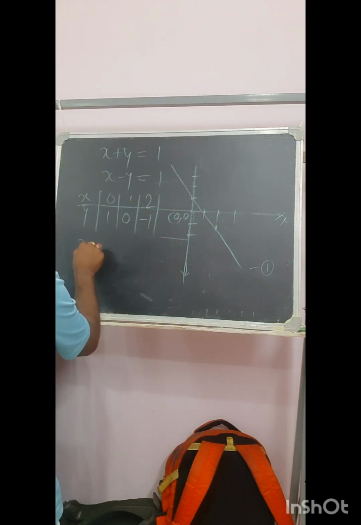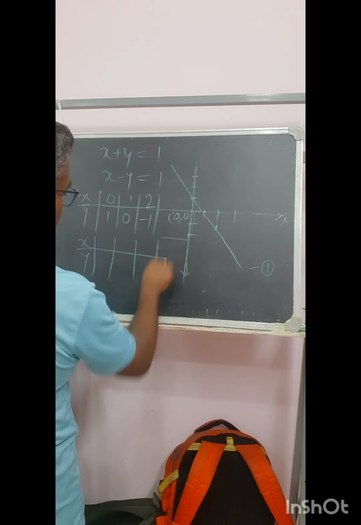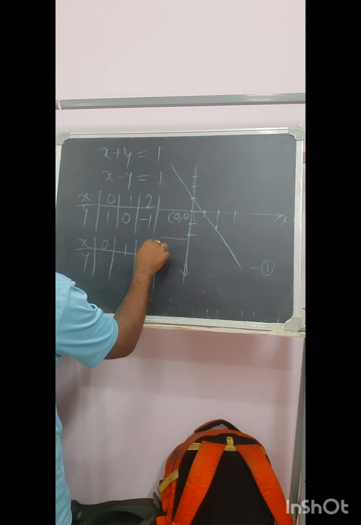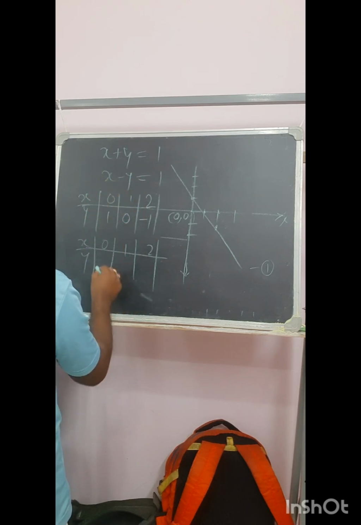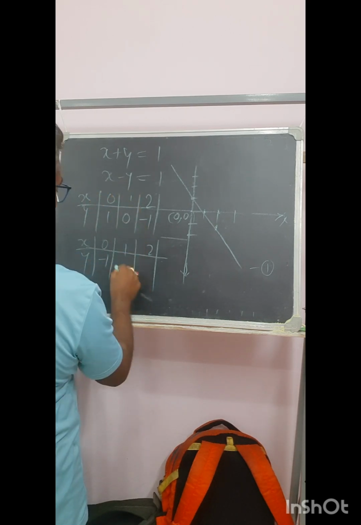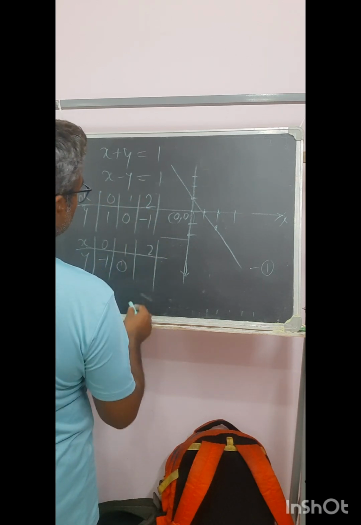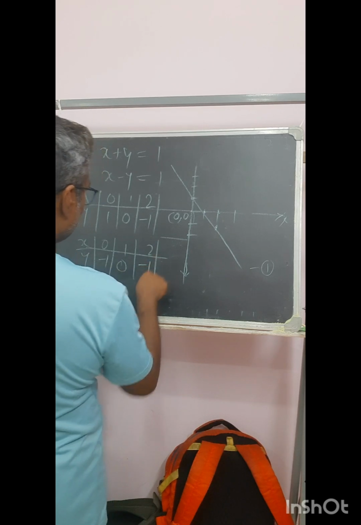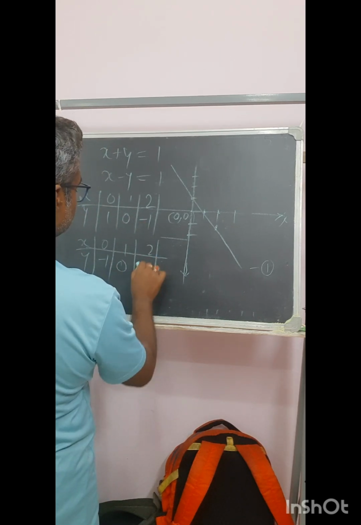For the second equation, if I put x as 0, 1, 2: for x is equal to 0, y is equal to minus 1, x is equal to 1, y is equal to 0, x is equal to 2, y is equal to 1.